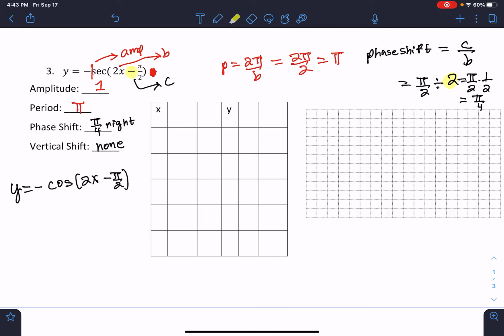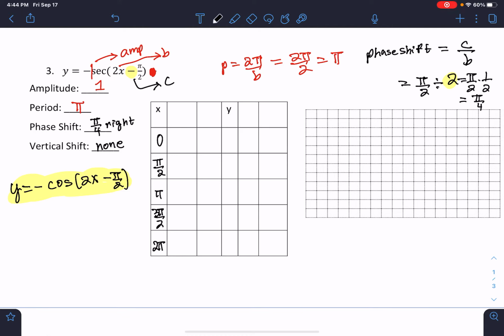So this is actually what I'm going to put on my table. I'm going to make the graph for this, and then I'm going to be able to put my parabolas once I set everything up. So I'm going to have 0, pi over 2, pi, 3 pi over 2, 2 pi. And since this is cosine, I know it's 1, 0, -1, 0, 1.